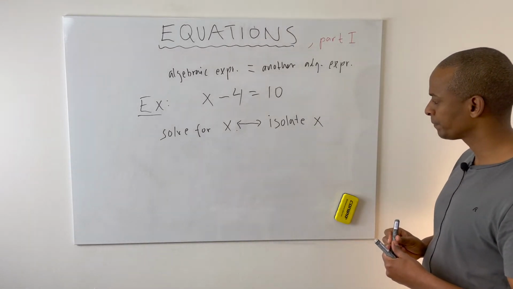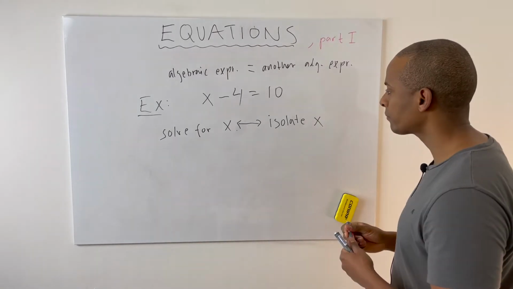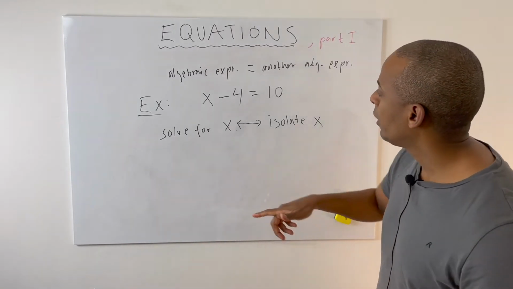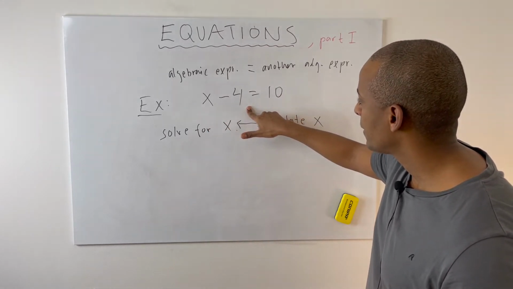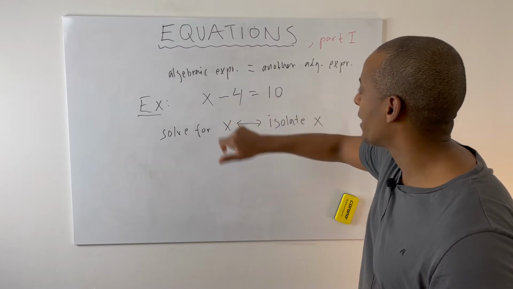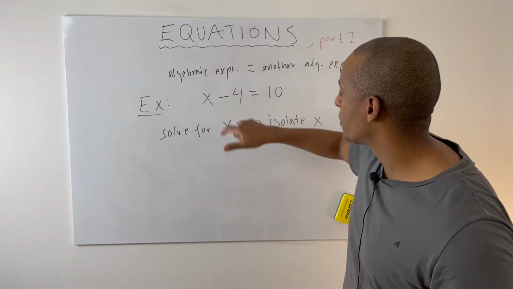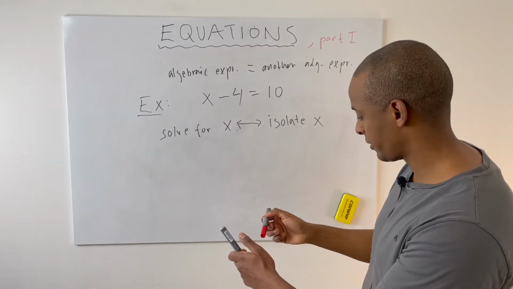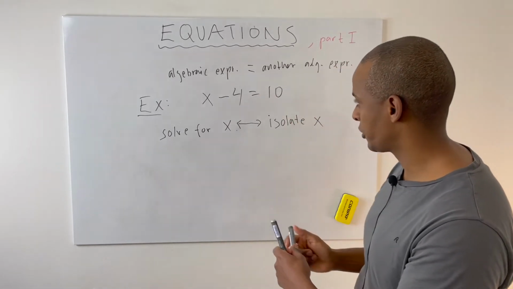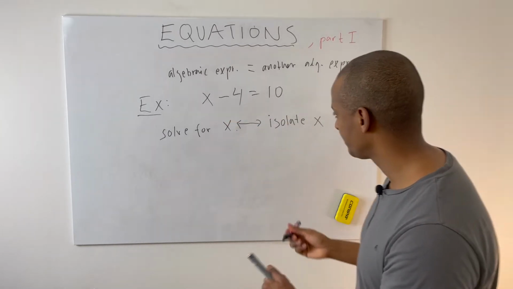That's what we want to do. So here we have x minus 4, and we want to get rid of the minus 4. To get rid of the minus 4, we do the opposite operation. We call it the inverse. The inverse of minus 4 is plus 4.